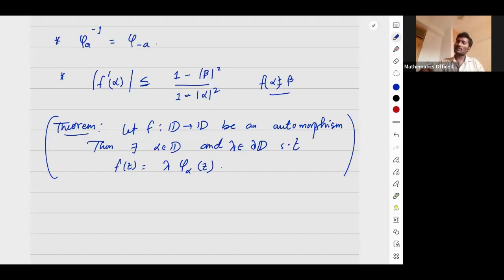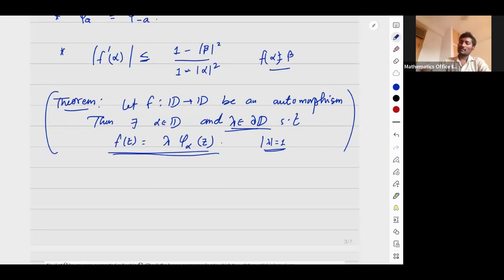All the automorphisms are of this form, where modulus of lambda is 1, or this lambda times phi of alpha. Phi of alpha is that function, z minus alpha divided by 1 minus alpha bar z.